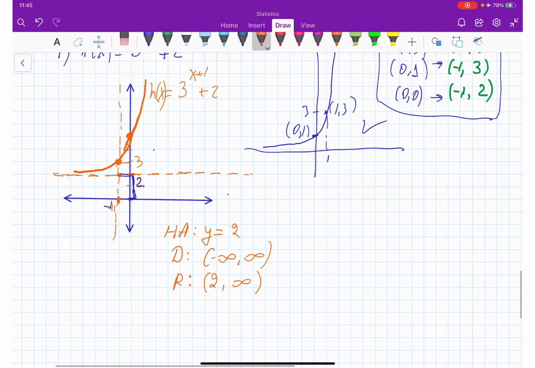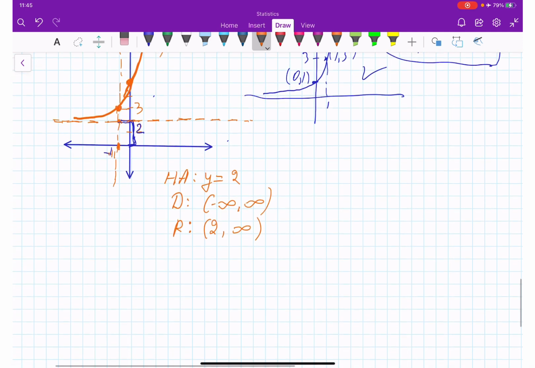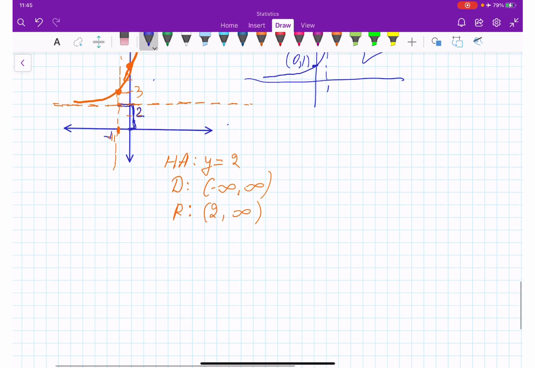Okay, question number 10. We are getting into a new format. What format is that? G of x is equal to negative 4 to the power x. Okay, let's do it.